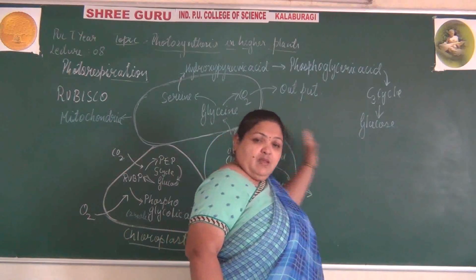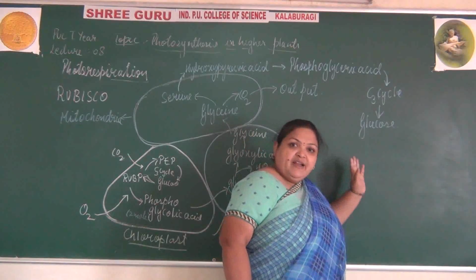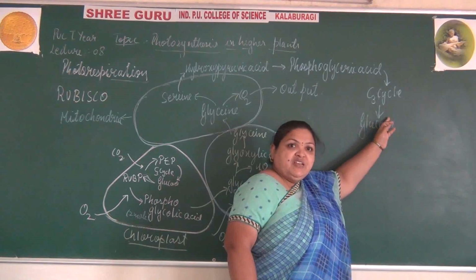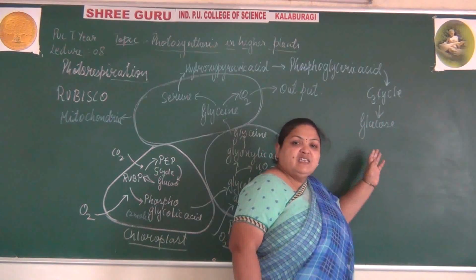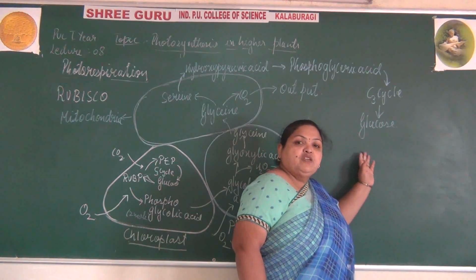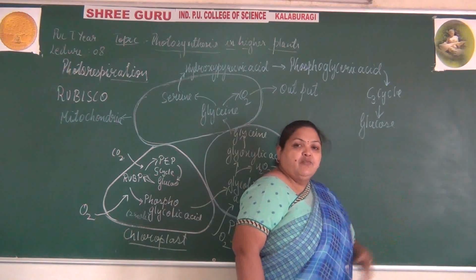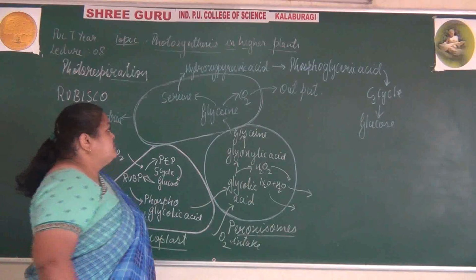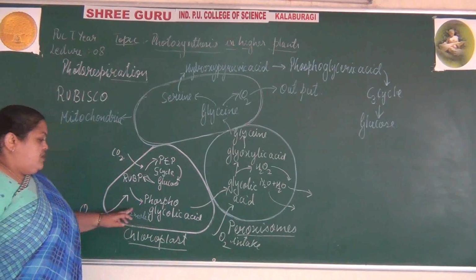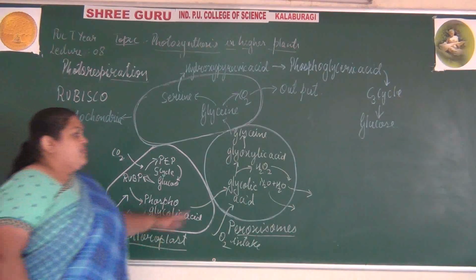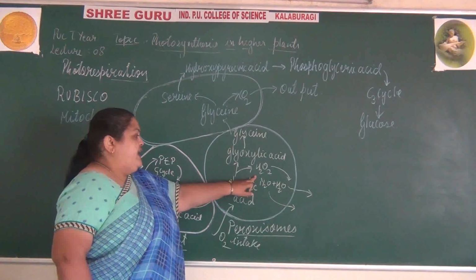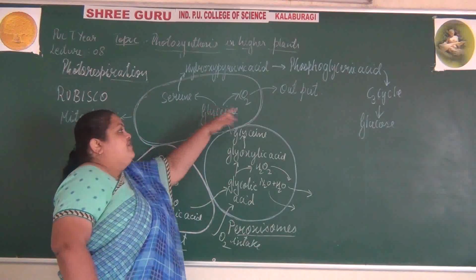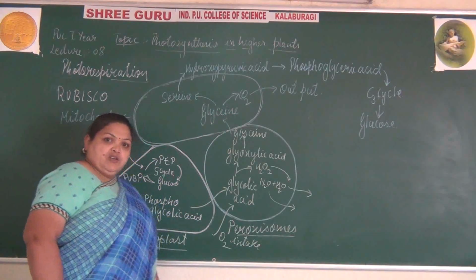That is the component that is required, which undergoes the C3 cycle, and in the C3 cycle there is formation of a triose sugar in the form of glucose. So in this whole process you see the ultimate products: phosphoglycolic acid, glyoxylic acid, hydrogen peroxide, glycine and serine, with excess amount of carbon dioxide.